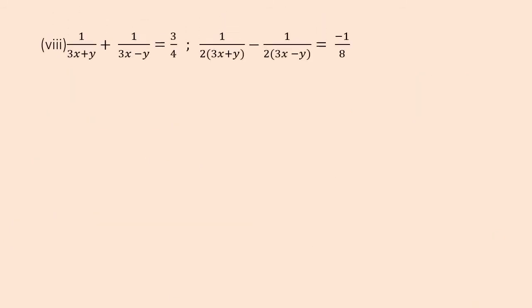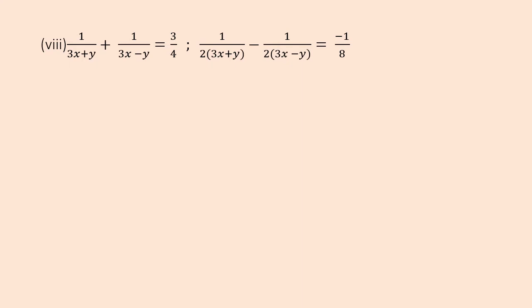Question number 8. 1 upon 3x plus y plus 1 upon 3x minus y equal to 3 upon 4 and 1 upon 2 multiplied by 3x plus y minus 1 upon 2 multiplied by 3x minus y equal to minus 1 upon 8.